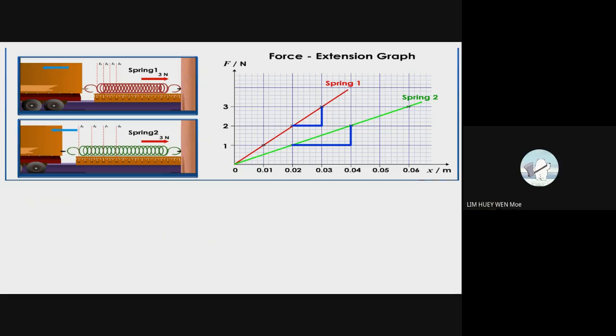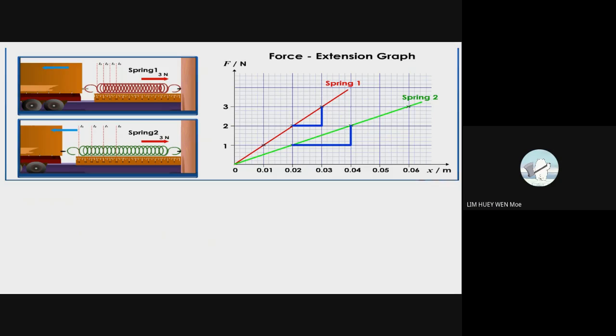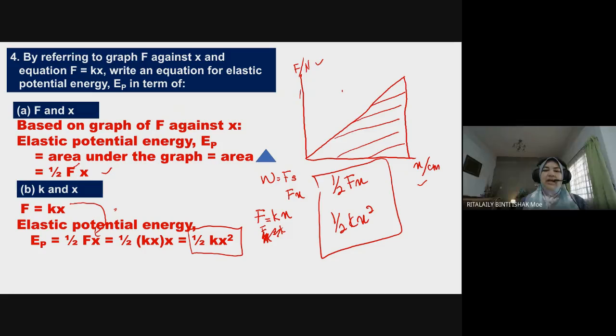Teacher, what is the SI unit for the elastic potential energy? Joule. Then why is the graph just now F over x per cm? For the elastic potential energy, do we need to divide by 100? No need.